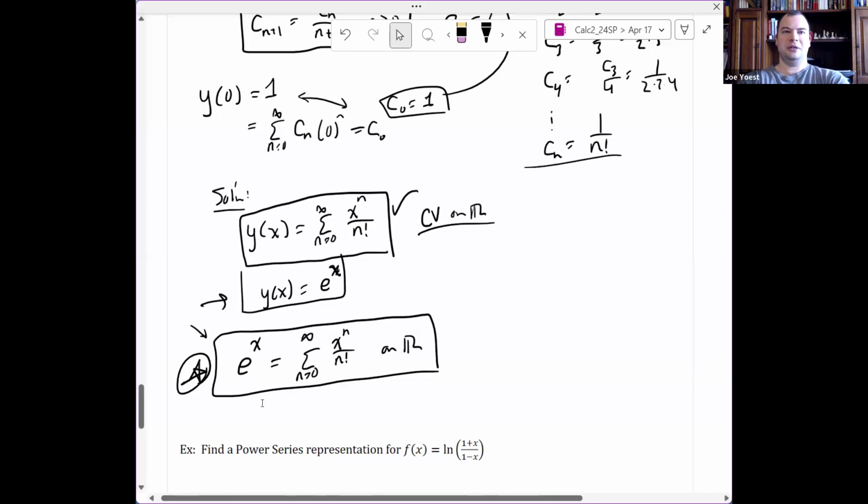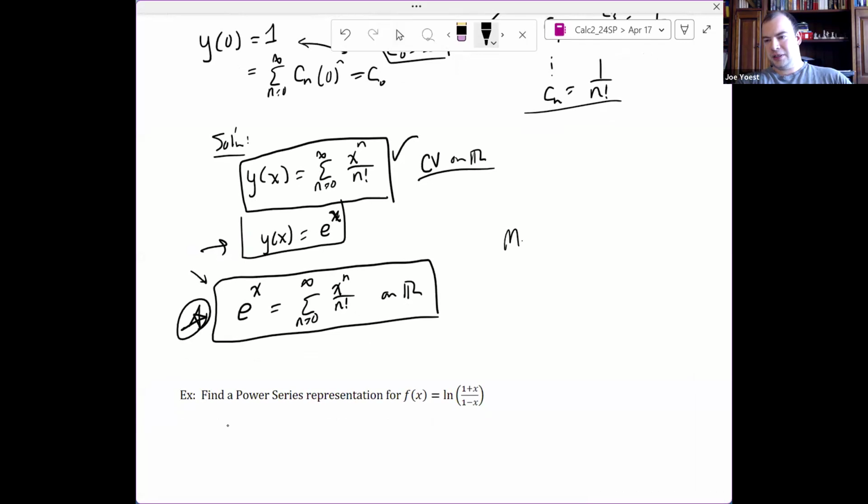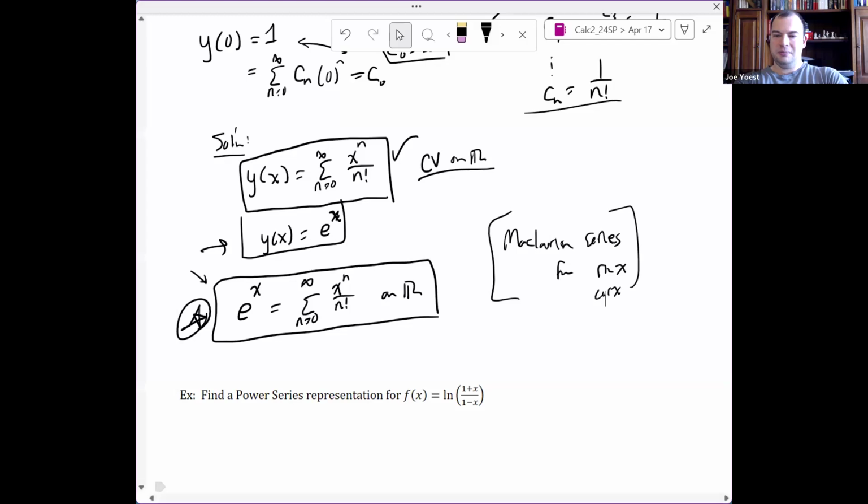Might be something interesting that you can look at and try to work through, see if you can come up with an answer, and then you can look up the Maclaurin series for sine x or cos x. You could Google that or look it up in the book and see if the series you came up with matches the series that is published everywhere.